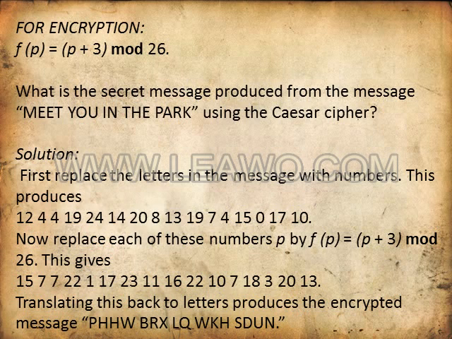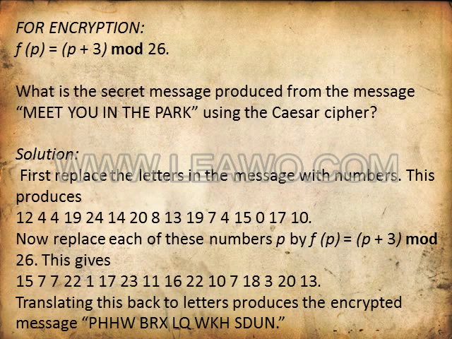First, replace the letters in the message with numbers. This produces 12, 4, 4, 19, 24, 14, 20, 8, 13, 19, 7, 4, 15, 0, 17, and 10. Now, replace each of these numbers p by f(p) equal to p plus 3 modulo 26.